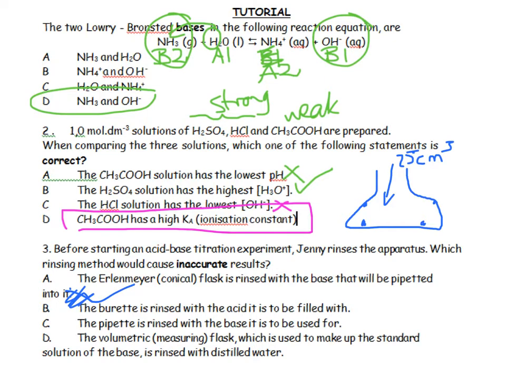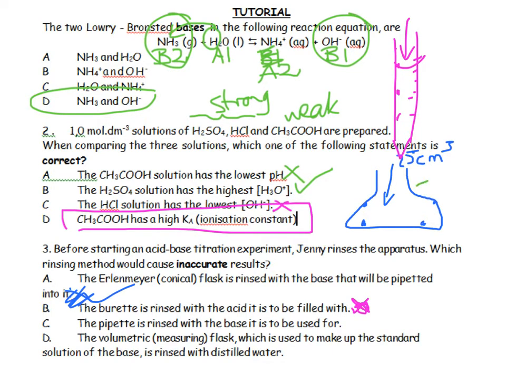The burette is rinsed with the acid it is filled with. Here's my burette. I haven't run anything out of it yet, and it's got some drops of acid in there, and then I pour in a random amount of acid. That's not going to affect anything, so that's okay. The pipette is rinsed with the base before we use it.